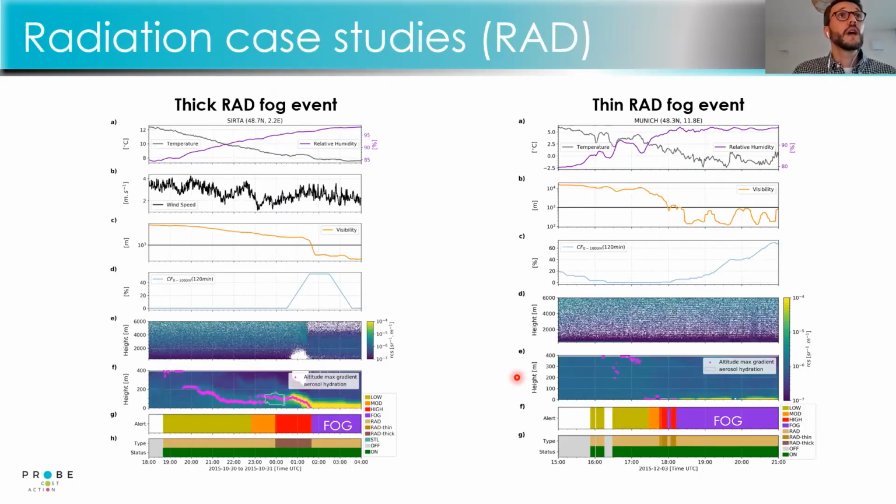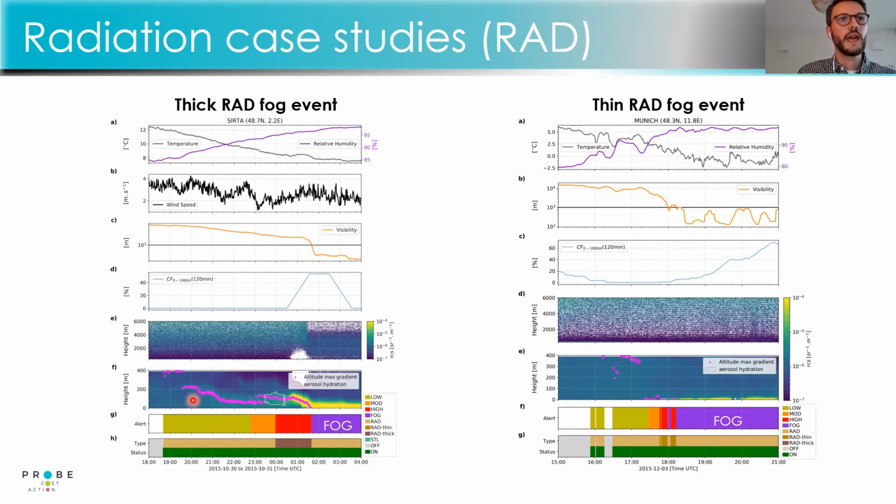So here are just two radiation case studies. On the left, you have a thick radiation fog event at the SIRTA Observatory, whereas on the right, you have a thin radiation fog event at Munich Airport. I don't have time to go into detail for each panel, but we will focus on panel F for the thick radiation fog event at SIRTA.